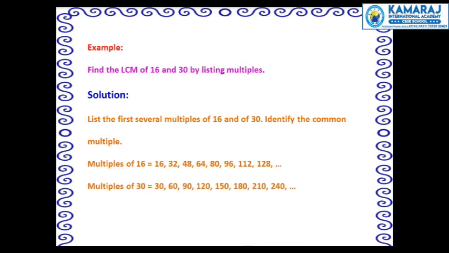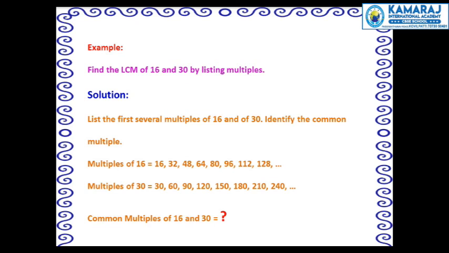Next, how can we find the common multiples of 16 and 30? Just combine both sets and find the common multiples of 16 and 30. Here there is no common multiple. So again we need to find some more multiples and find the common multiple. So this will take more time.